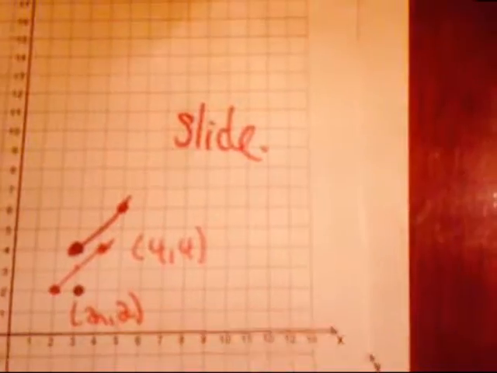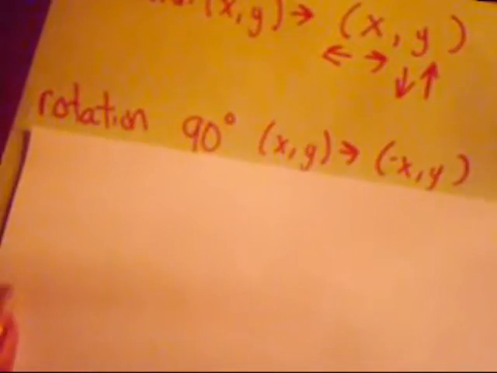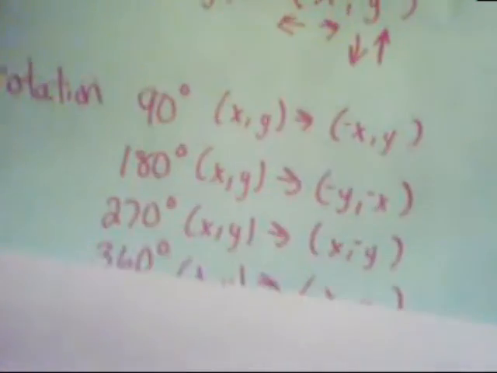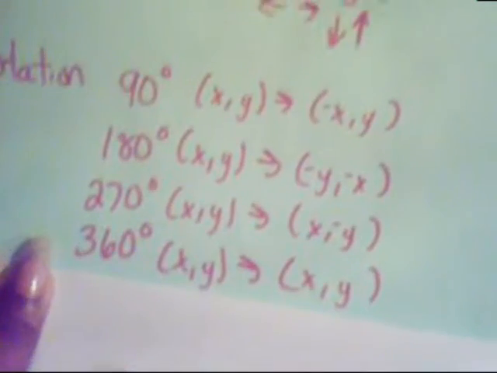Okay? All right. Guys, let's look back over here at the next type of transformation. The next type of transformations are rotations. And to me, these are the hardest because they've got the most rules that you have to apply. So, guys, remember that you have 4 types of rotations around the origin.